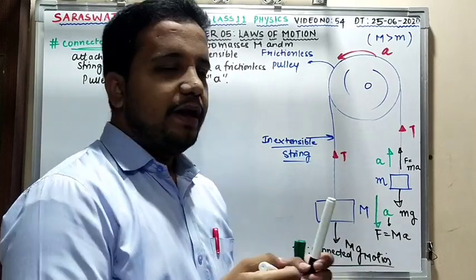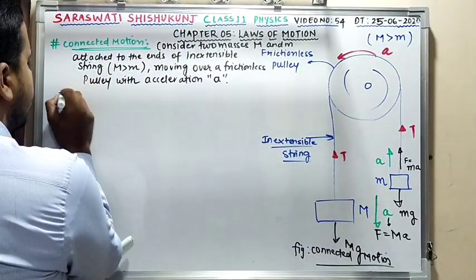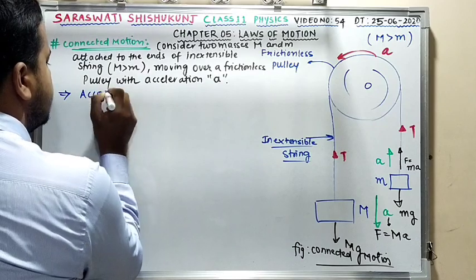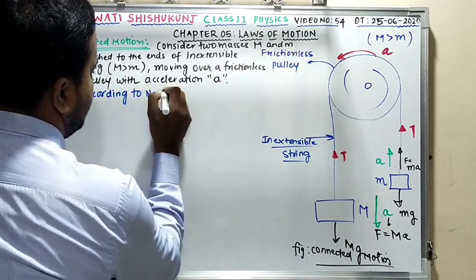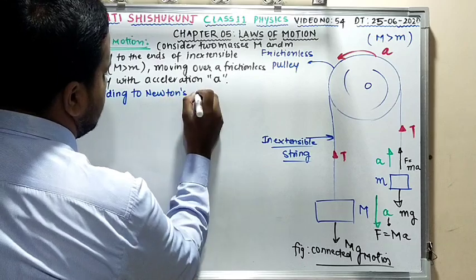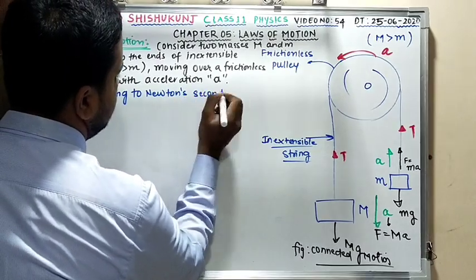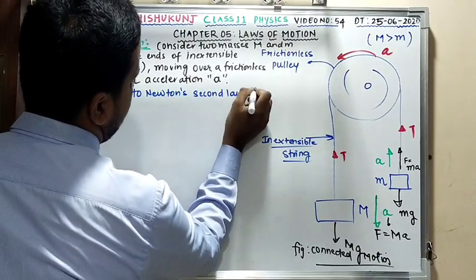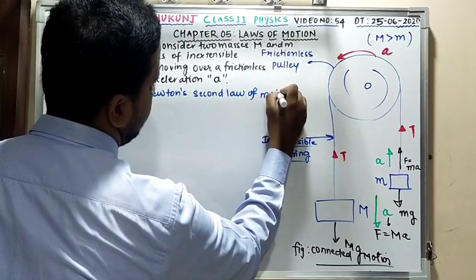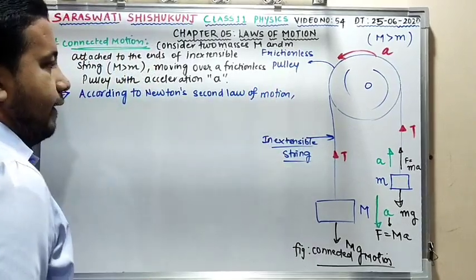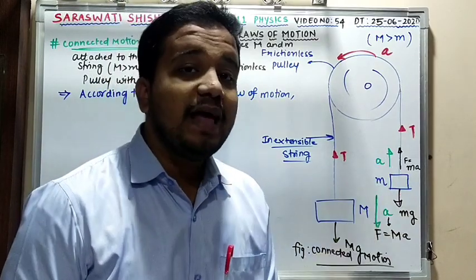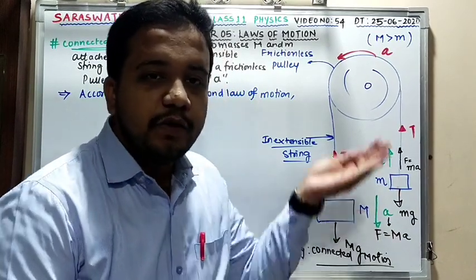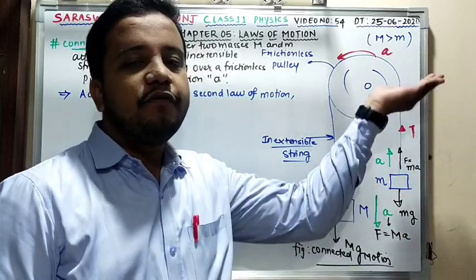Fine. Moving ahead, according to Newton's second law of motion, if your capital M is greater than small m, then what will happen? The heavier mass will move downwards and the lighter mass will move upwards.